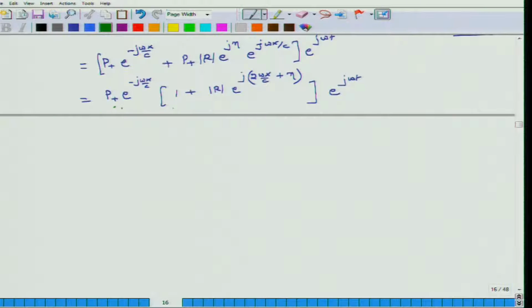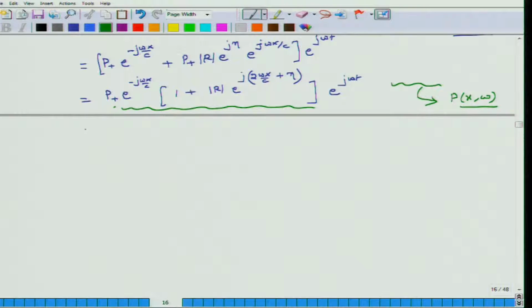This entire term, this green term, is nothing but the complex amplitude of pressure. Because what is complex amplitude? A complex time quantity has a complex amplitude. This entire thing is complex amplitude times e to the j omega t. So this is P of x and omega.